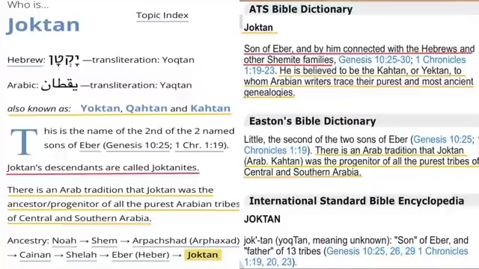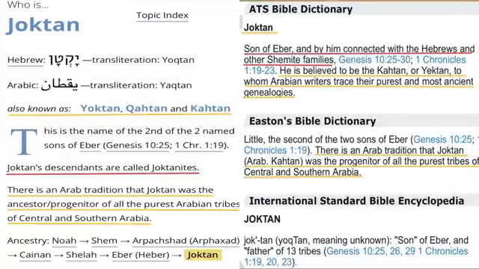So just to do a quick recap on Joktan. Joktan, Qoktan, Koktan. Joktan's descendants are called Joktonites. There is an Arab tradition that Joktan was the ancestor and progenitor of all the pure Arabian tribes of Central and Southern Arabia. ATS Bible Dictionary: Joktan, son of Eber, and by him connected with the Hebrews and other Shemitic families.